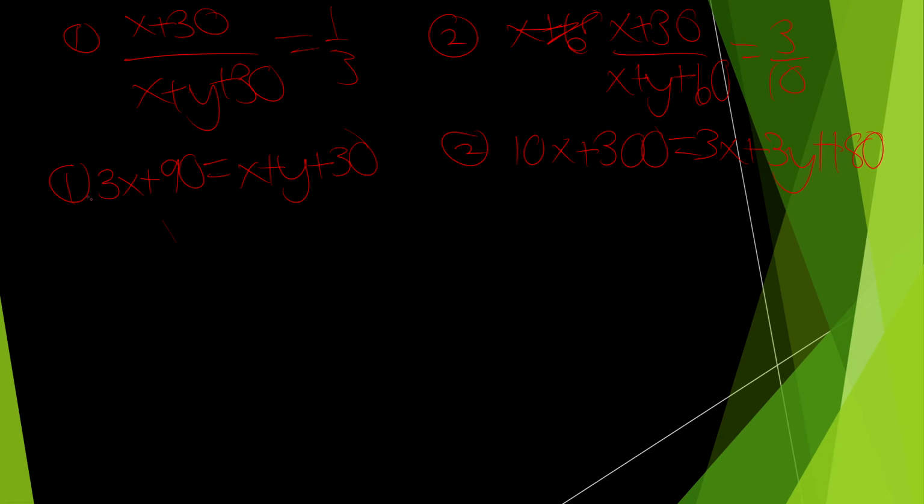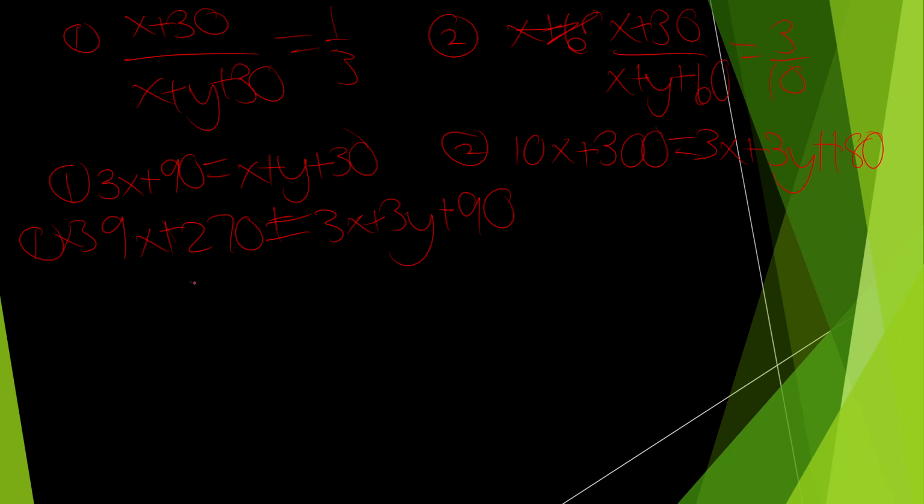So we would just want to multiply by 3 because that's probably the fastest way. So we get 9x plus 270 equals 3x plus 3y plus 90. That's equation 1 times 3. Then we can use elimination and subtract equation 1 times 3 from equation 2.